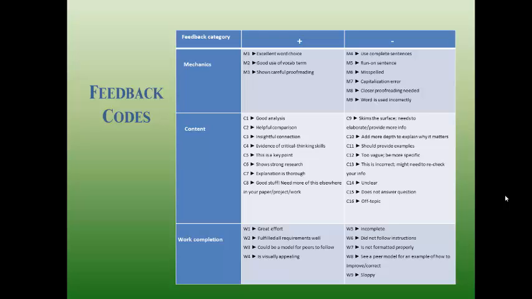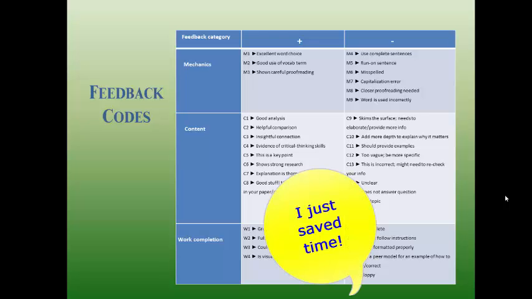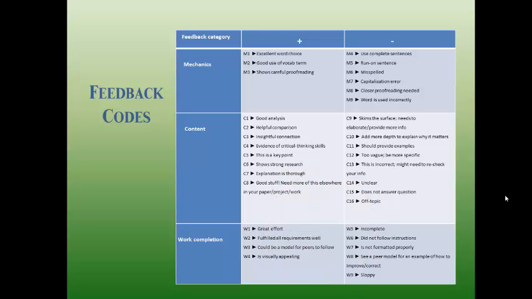Maybe we think that a response or an aspect of their work is so good that it could be used as a student model, W3. Wouldn't that be a great thing to tell a student without spending a lot of time to write it?